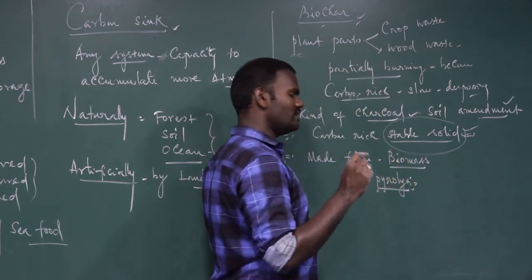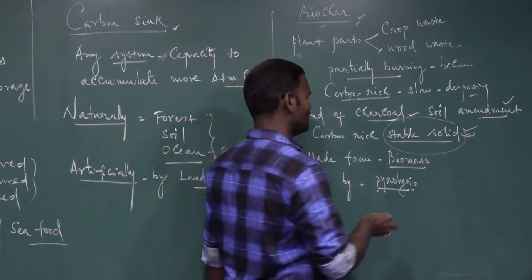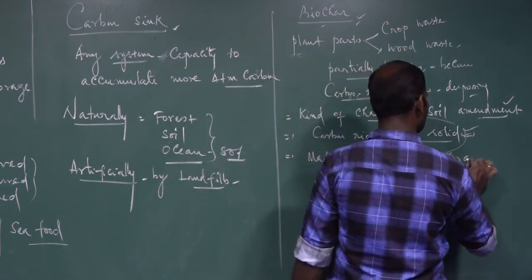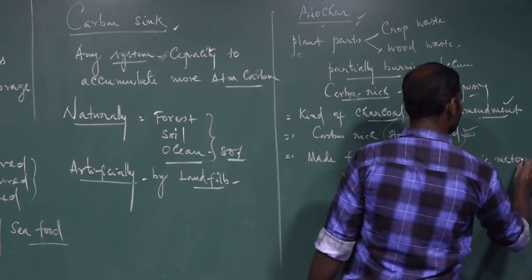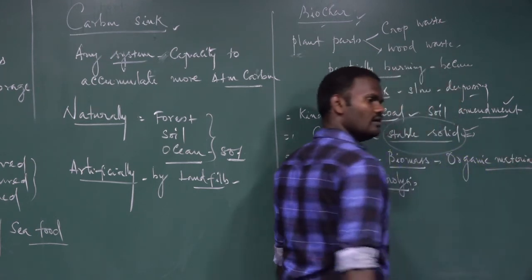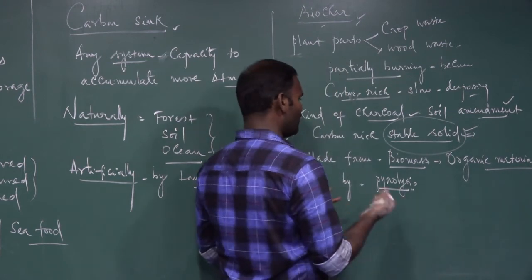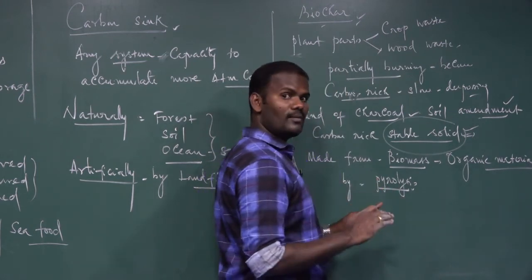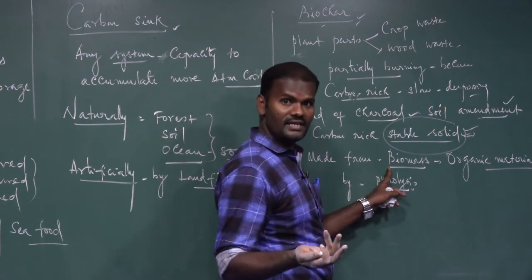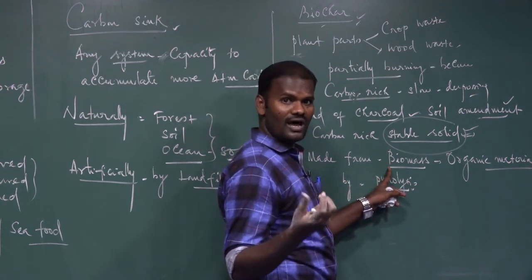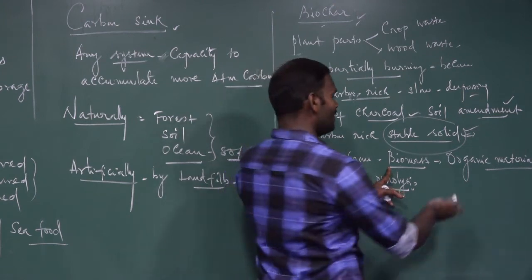What do you mean by biomass? Biomass is nothing but organic material. The partial burning, not complete burning, of this organic material such as plant material, wood pieces, wood logs, these are the organic materials.